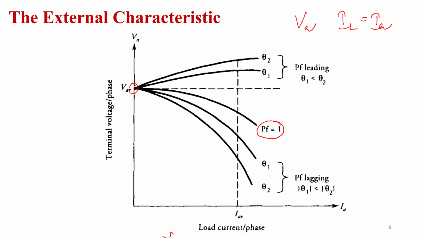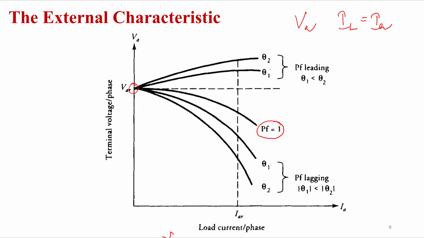So when we have charging capacitance at the receiving end, that creates over voltage. Many times we have over voltage in our campus, and that causes many equipment to be damaged. This is because of the capacitive effect when the load becomes one with a leading power factor, right?